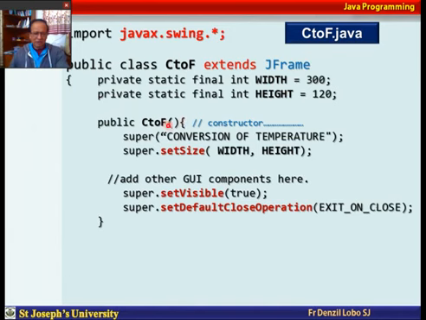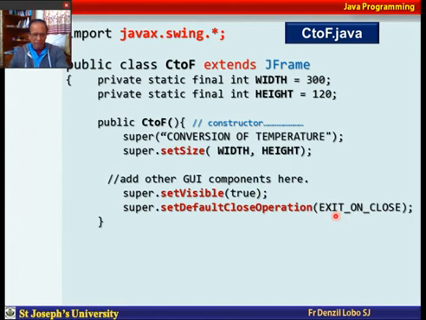This is the class constructor. This is going to be the title, which will come on the frame on top: conversion of temperature. Then I set the size of the window, width and height as you see, 300 and 120. Then at the end, make it visible, and I have to set the exit operation to come out of the program.